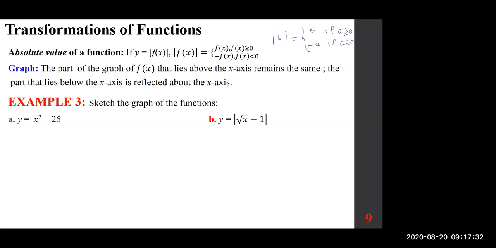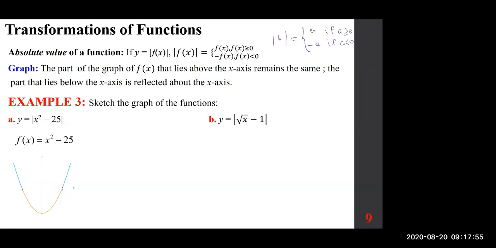Everybody knows how the graph of f of x equals x squared looks. And then with minus 25, it shifts down by 25. So take a look at f of x equals x squared minus 25. So x squared, and then shift it down by 25 units. This is the graph. Everybody is happy. Not a big deal, class.